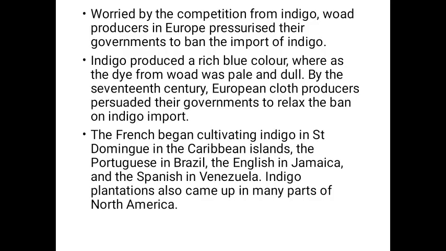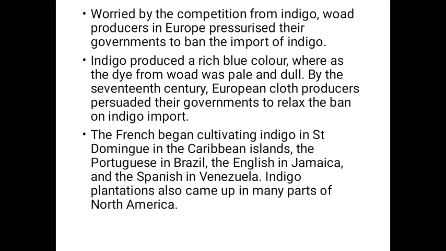These cloth manufacturers from Europe were worried by the competition from indigo and woad producers in Europe. They pressurized their governments to ban the import of indigo into the European market. I repeat once again: the demand for indigo in the European market was very excessive, but availability was very less.